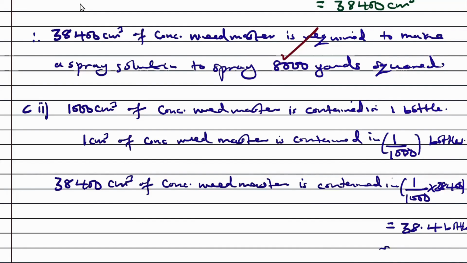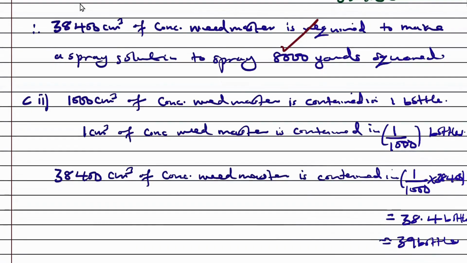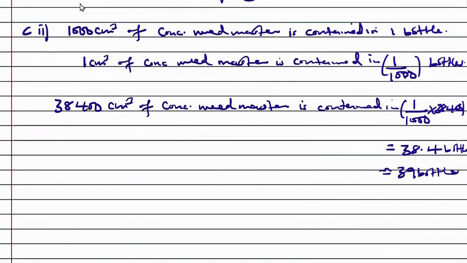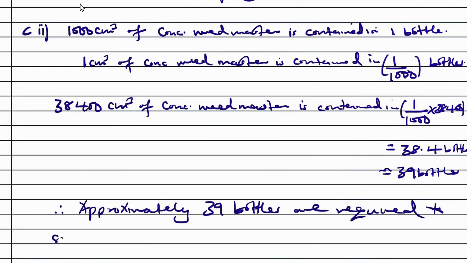So this is approximately the 39 bottles. We can now conclude, because they asked us to get the number of bottles required, that therefore approximately 39 bottles are required to spray an area of 8,000 yards squared. So this becomes the answer for Roman numeral 2 of part C.